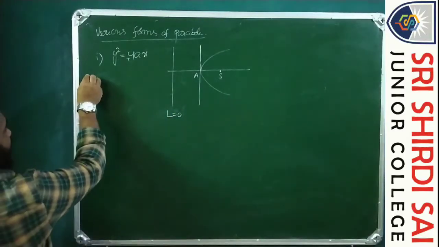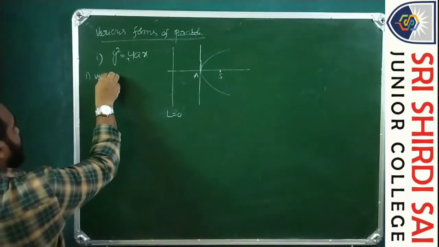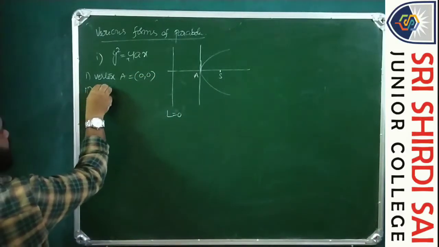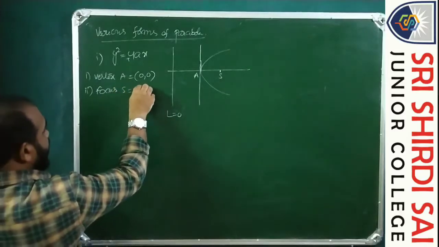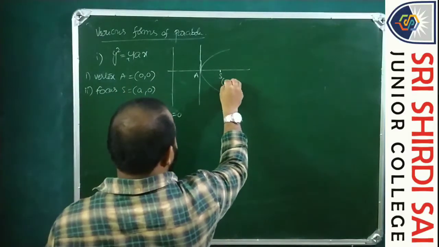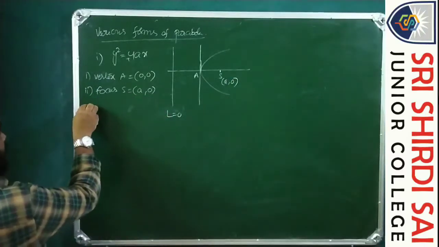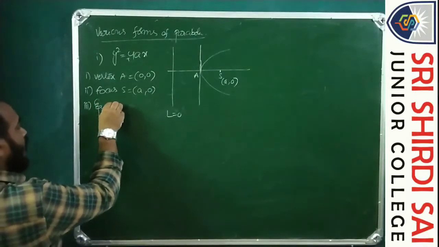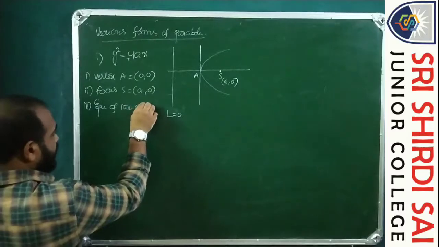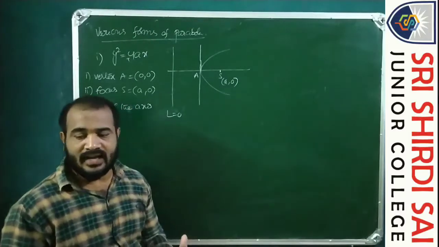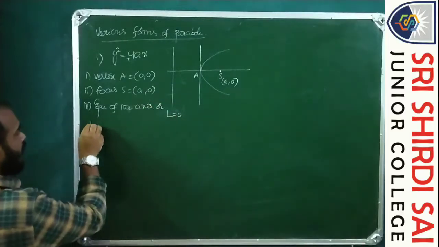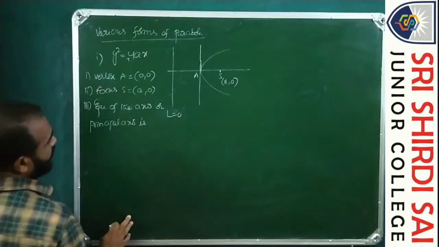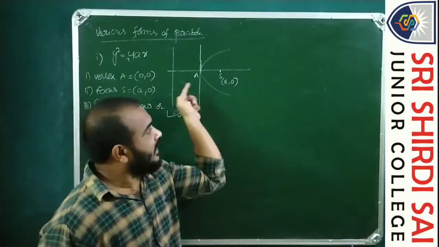So let us write one after another. So first, the vertex is 0, 0, focus S is a comma 0, and the equation of the axis or principal axis, both are the same. The equation of the principal axis: this is the x-axis.